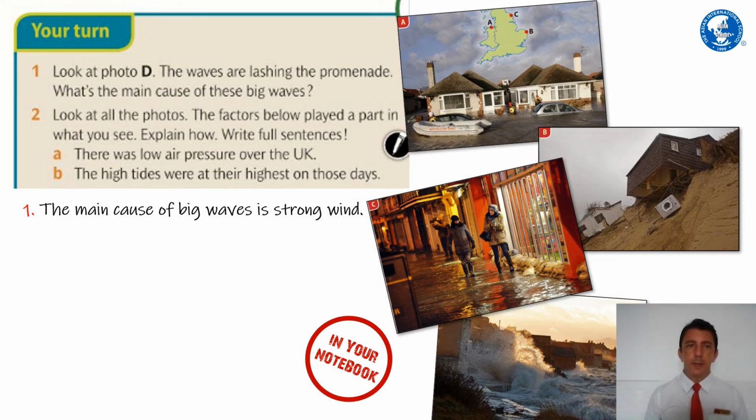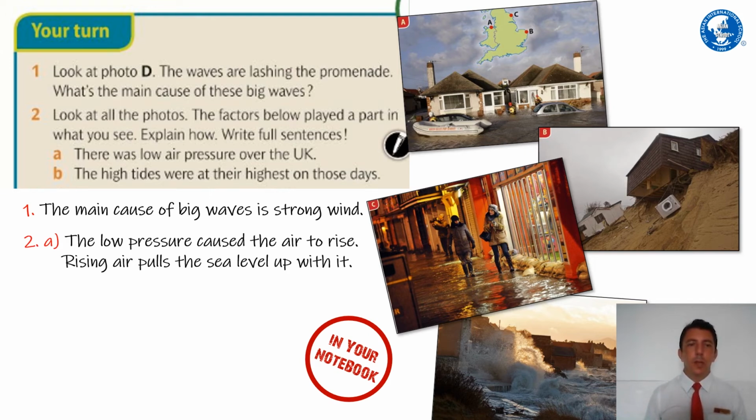First of all, A, there was low air pressure over the UK. And B, the high tides were at their highest on those days. So pause the video, write down your answer in your own words, and then we'll compare. Okay, if you've finished, let's see.